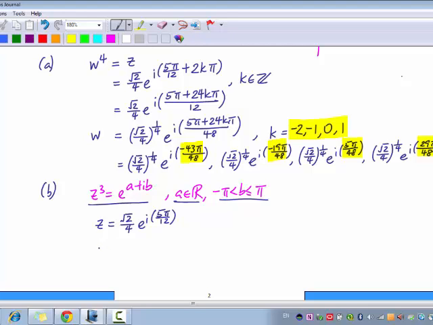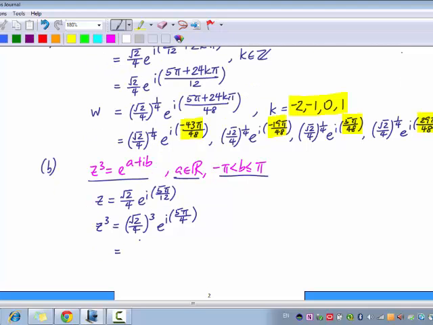And I'm going to cube both sides of the equation, which means that I'll multiply the power by 3, so I get 5 pi over 4, whereas the coefficient becomes 2 root 2 over 64, which reduces to root 2 over 32.